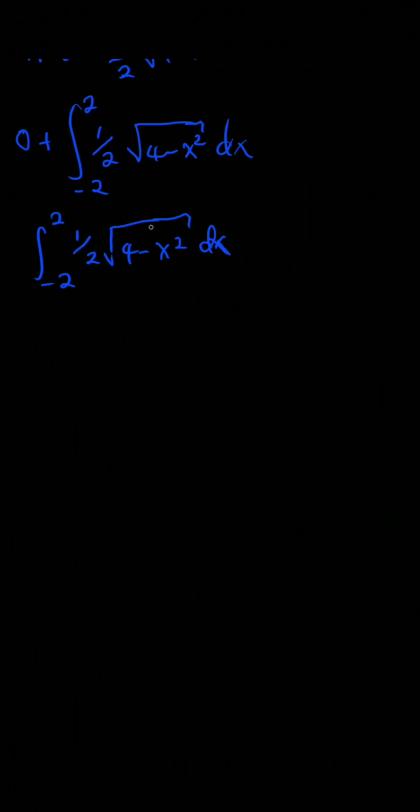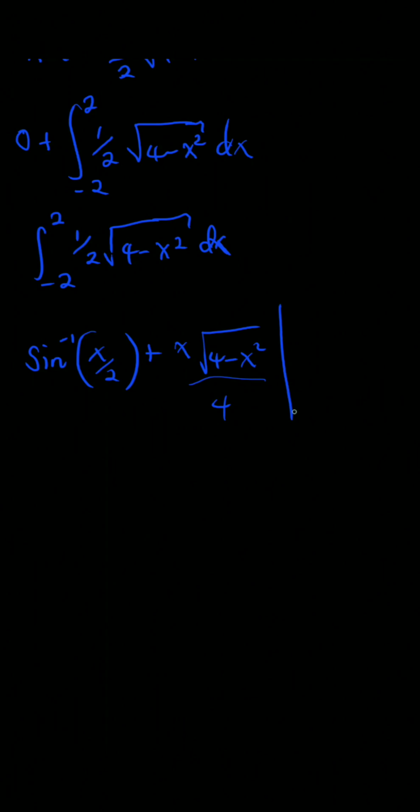When this is evaluated, this will simply give us the sine inverse. Upon evaluating that, I get the sine inverse of x over 2, plus x multiplied by the root of 4 minus x squared over 4, like that. Not forgetting that we have the limits from -2 to +2.